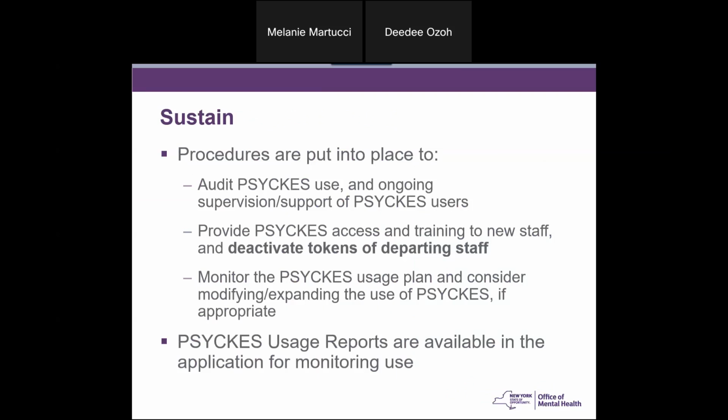When you have new staff, it will be helpful to provide access and trainings. When staff are no longer working at your agency, their tokens will need to be deactivated by the organization's security manager to revoke their PSYCKES access. You can also monitor the PSYCKES usage plan and make any necessary changes. And lastly, the PSYCKES usage reports are available for monitoring use.